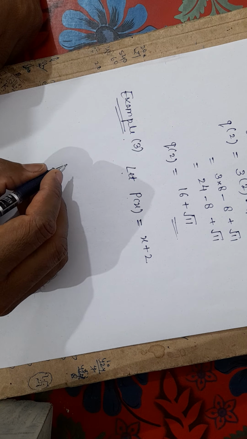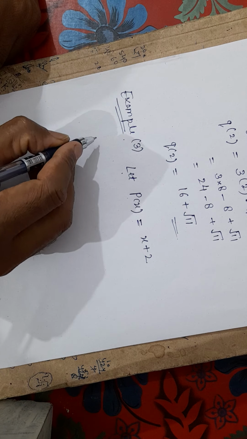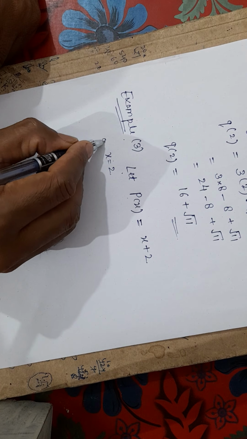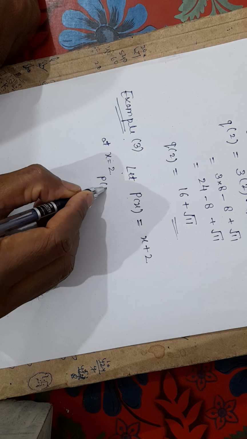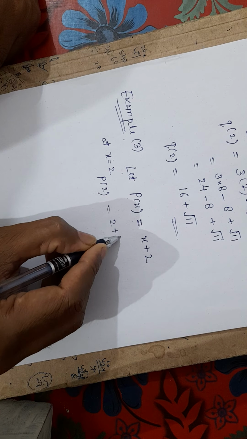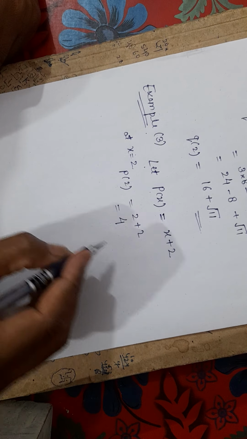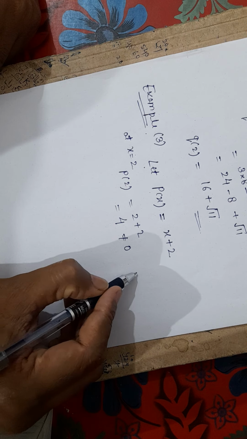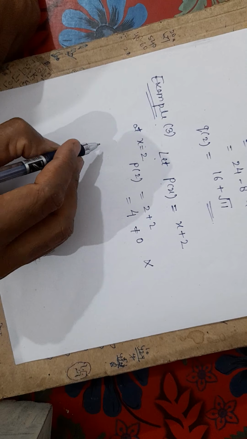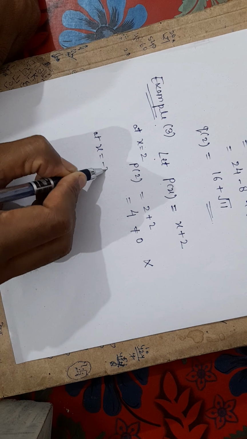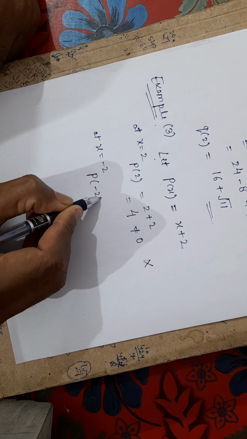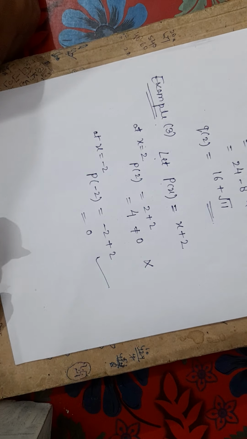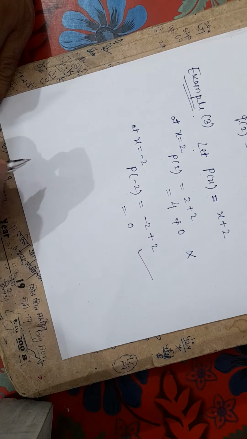So first we will take x equal to 2. At x equal to 2, p(2) equal to 2 plus 2 equal to 4. So here the result is not equal to 0, so this is not a zero of the polynomial. But at x equal to minus 2, p(minus 2) equal to minus 2 plus 2. Here 0 is coming. So here minus 2 is a zero of the polynomial.